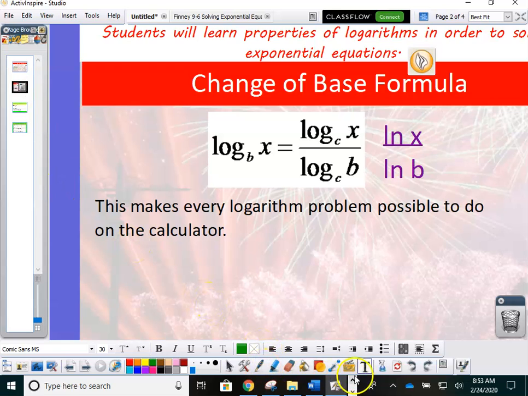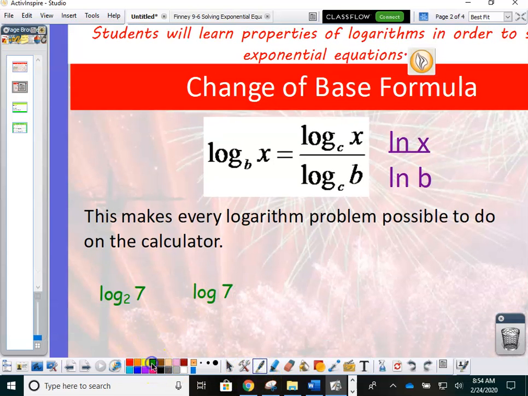So if you see a problem that's log base 2 of 7, and you want to know what that is, well, basically what you could do is the log of 7 divided by the log of 2.